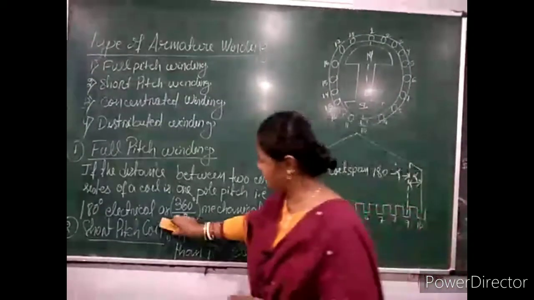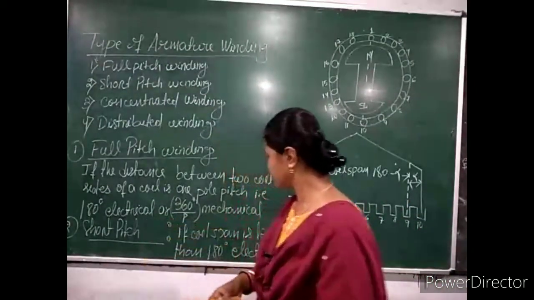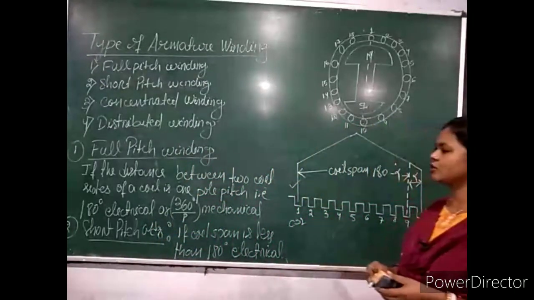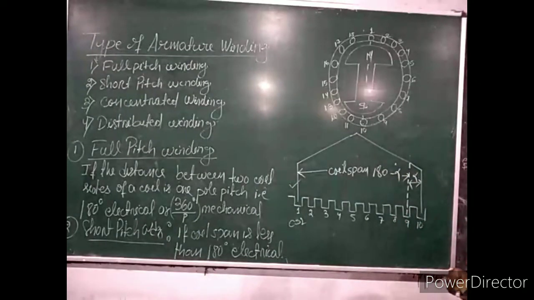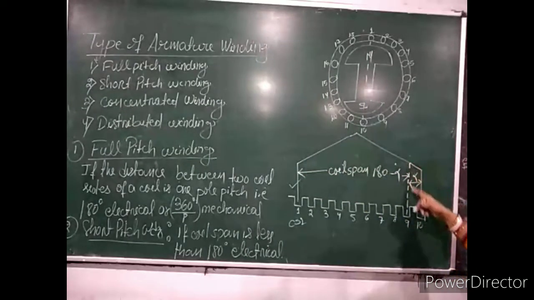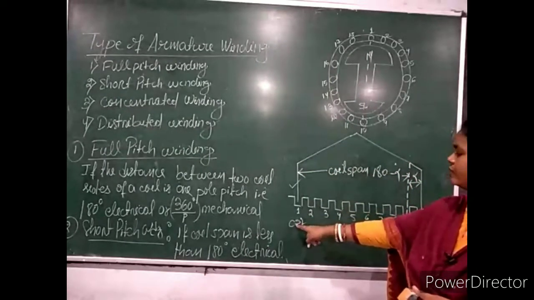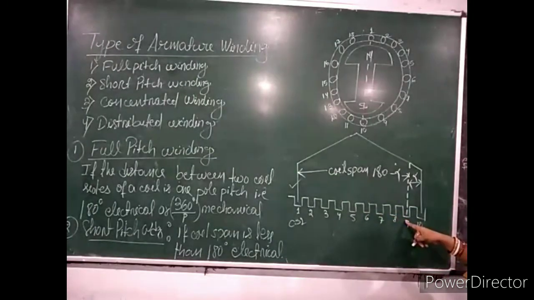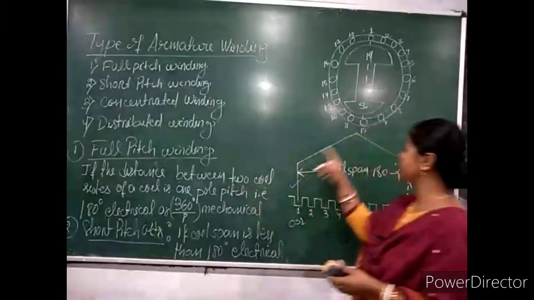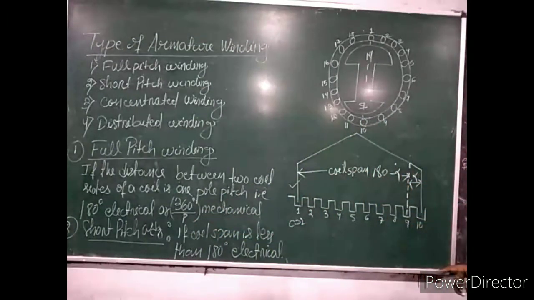By mistake I wrote coil; it is winding. Here you write winding. So what is the definition of short pitch winding? If the coil span, or the distance between coil side 1 and coil side 2, is less than 180 degree electrical or 360 degree by P mechanical, where P is the number of poles present in the synchronous machine, then the winding is called short pitch winding.